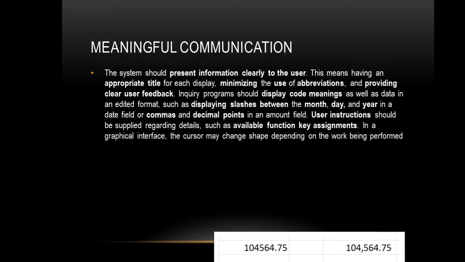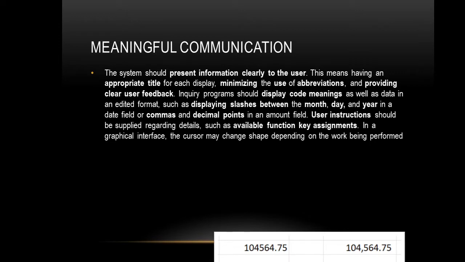So now, meaningful communication. The system should present information clearly to the user. This means having an appropriate title for each display, minimizing the use of abbreviations, and providing clear user feedback.